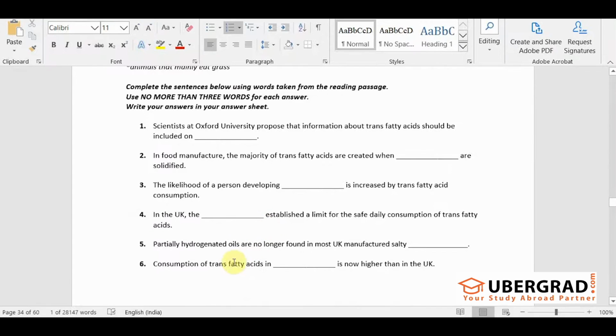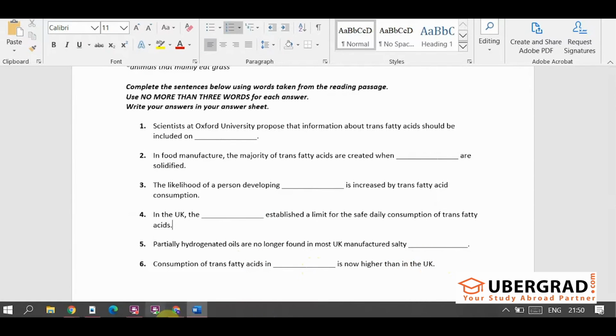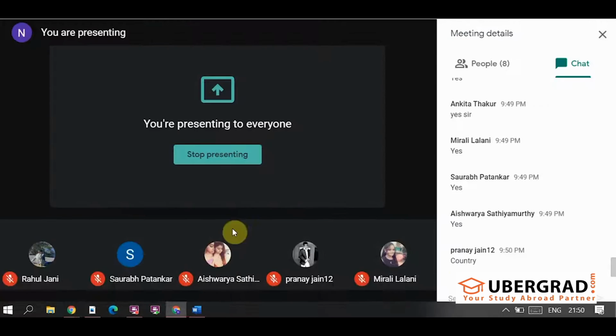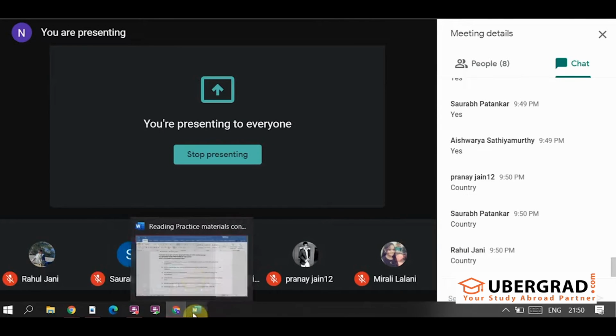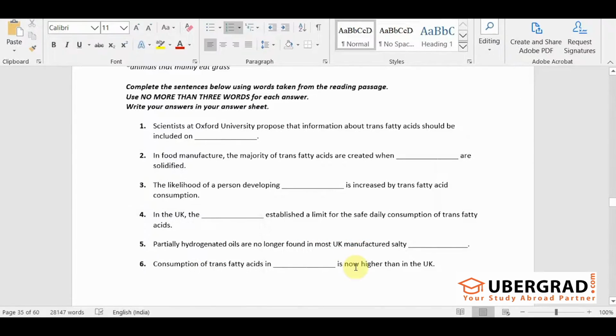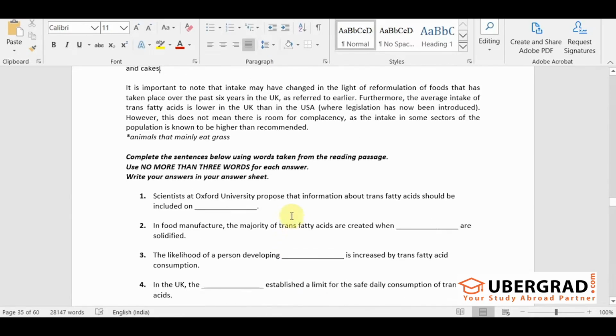Now, next one is consumption of trans fatty acids in dash is now higher than in the UK. So, it's a comparison between, what should be the answer over here? Yes, it's a comparison between two countries, right? So, where is it higher and where is it lower? It's saying that in some country it is higher than in the UK. The consumption is higher than in the UK. So, let's search.